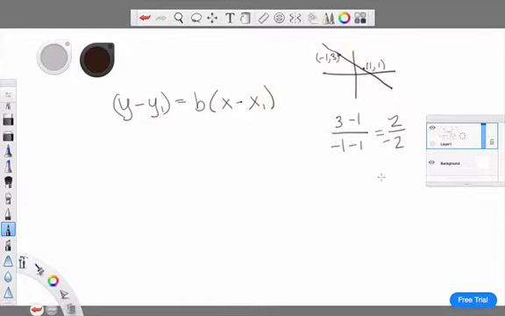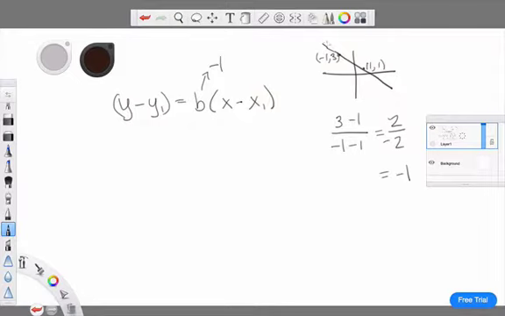So that is equal to -1, that slope. So b is going to be equal to -1. 2 over 2 is 1, and it's negative because one of the numbers was negative. If both of the numbers were negative, that would cancel out and be a positive number.